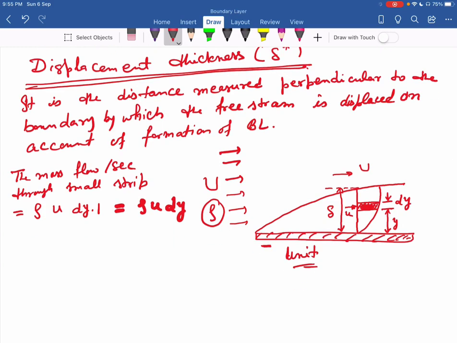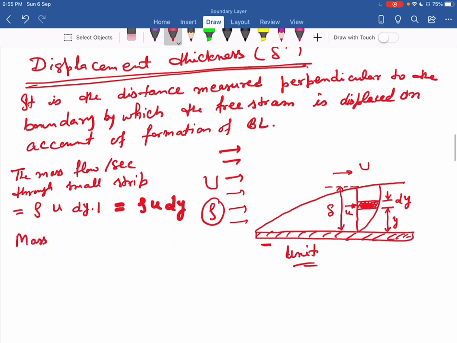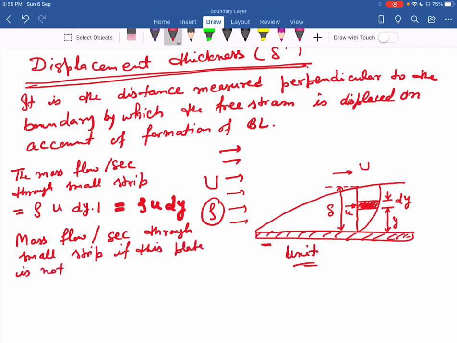Now again write the mass flow per second through the small strip. If this plate is not there, then what happens?